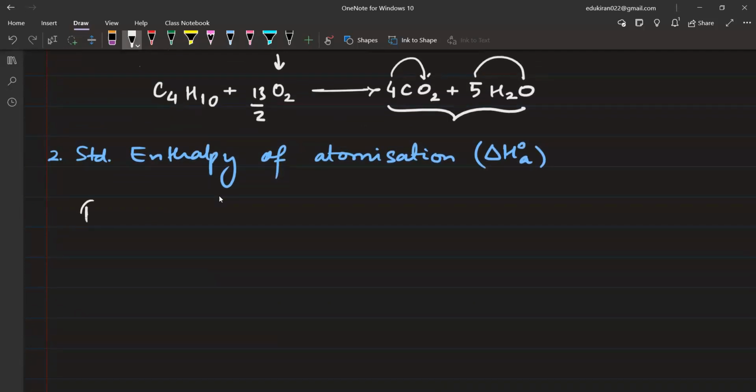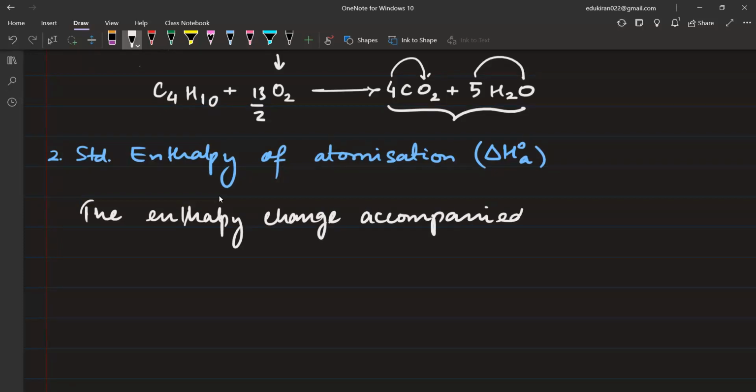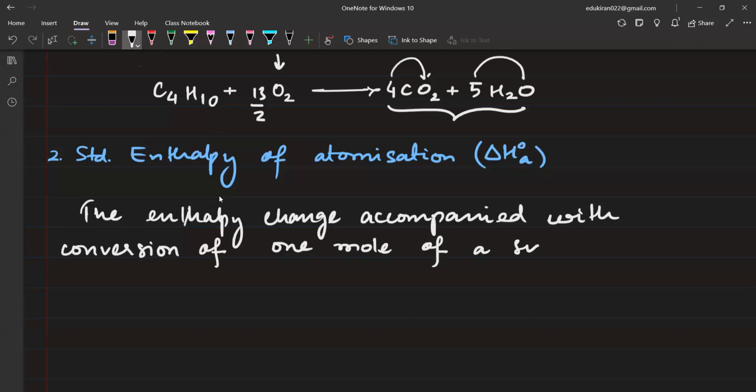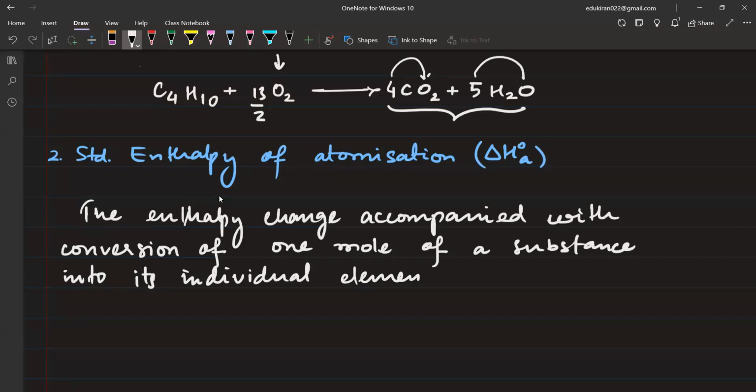Enthalpy change accompanied with conversion of 1 mole of a substance into its individual elements in gaseous state.